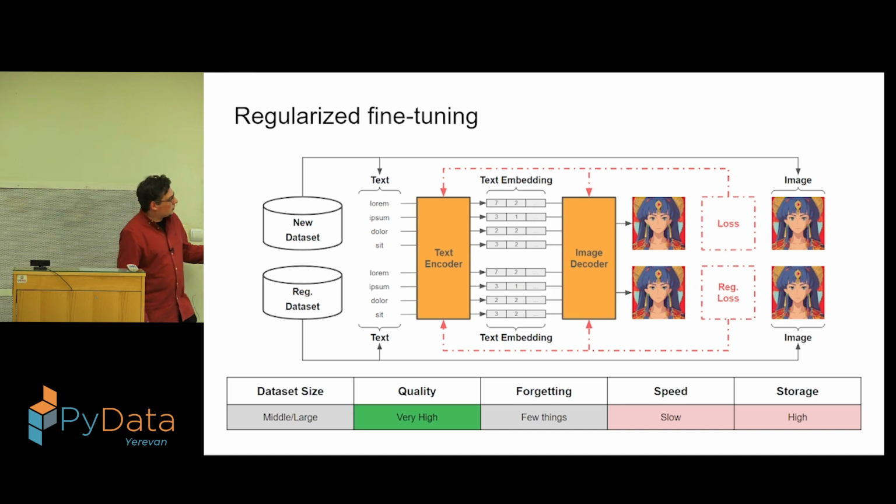Yeah, it's a very good question. This is typically controlled by the regularization loss weight. If your dataset is very different from your new dataset, but you still need to preserve these parts of the distribution of the original text encoder, for example, you need to add the dogs, but you want to make sure that all other parts of the distribution of the original model are not harmed, you can add a very large amount of data from the original training set, from the LAION dataset in the case of Stable Diffusion.